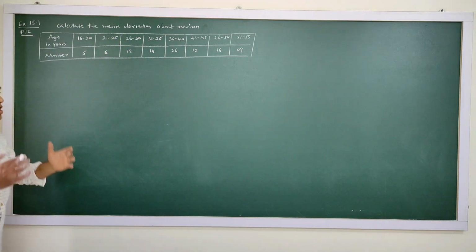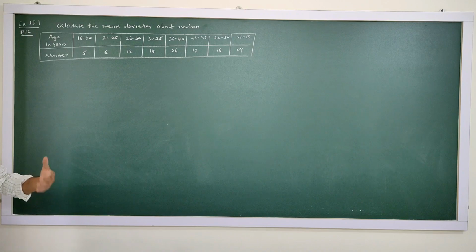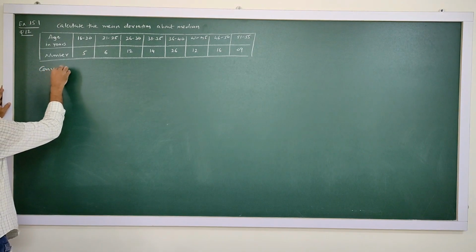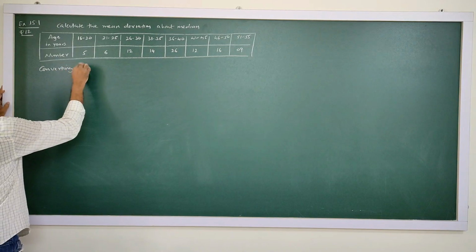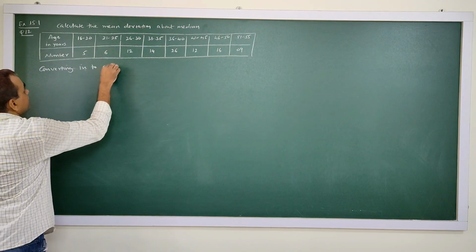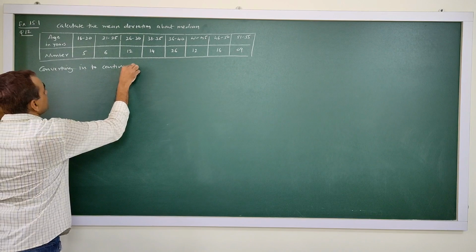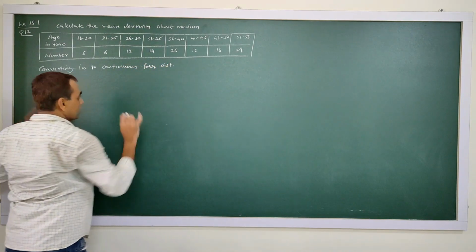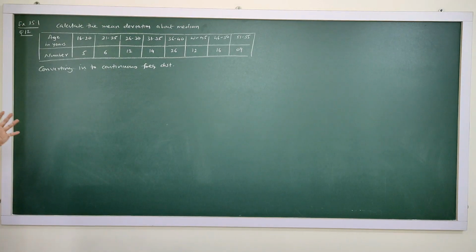So we are converting this into a continuous frequency distribution. How can it be converted into a continuous frequency distribution?